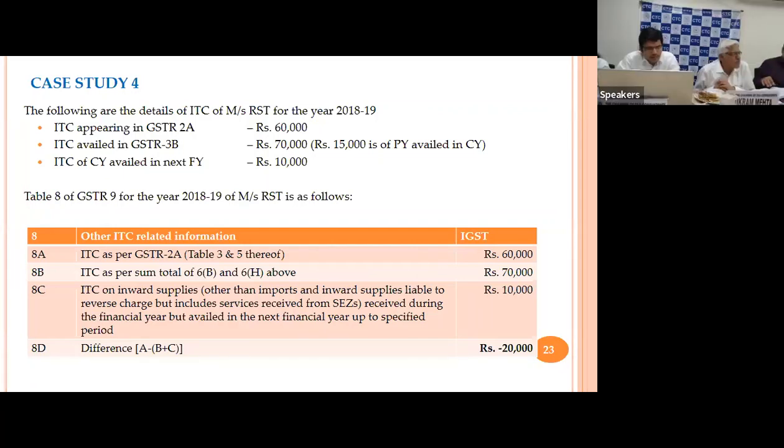No, I agree, that is what I am saying. In your table 8D, it will show 60,000 in 8A, 8B will show 55 plus 8C will show 10,000. Still there will be a difference of 5,000.